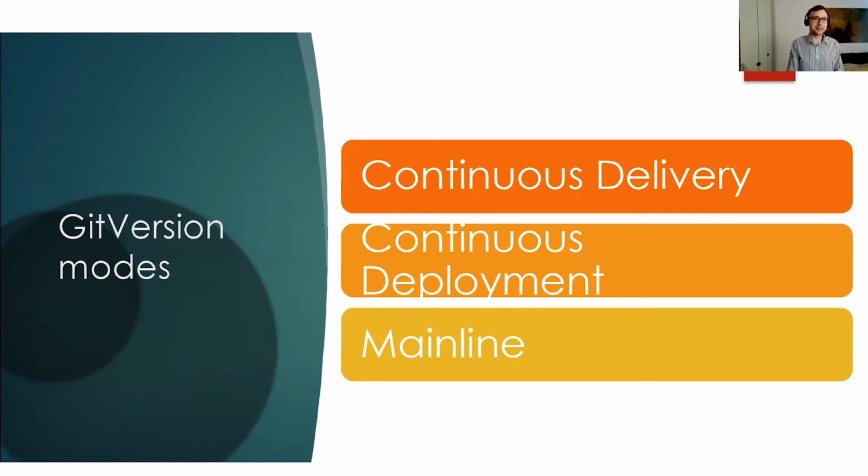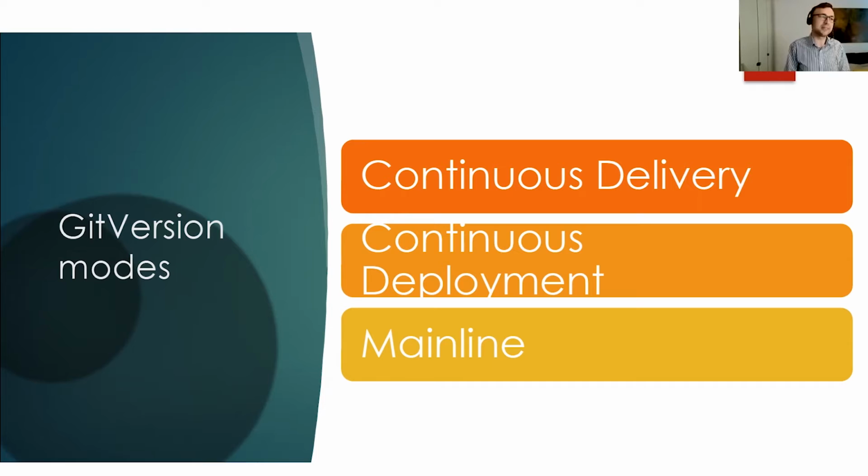Let's have a look at the configuration of the tool. The 3 modes that I mentioned before are continuous delivery, continuous deployment, and mainline. Some big buzzwords here, but since there are only 3, the best way is just to experiment with all of them and then pick the one that sticks to our needs the best.